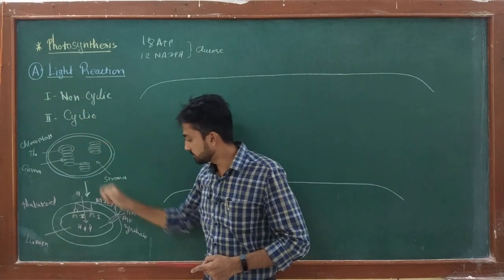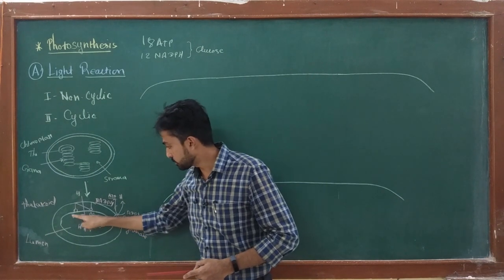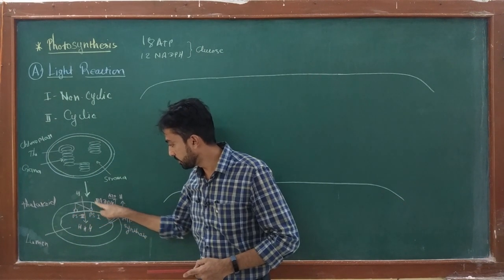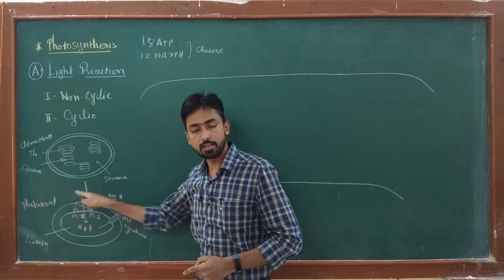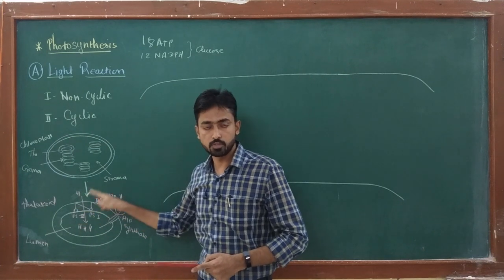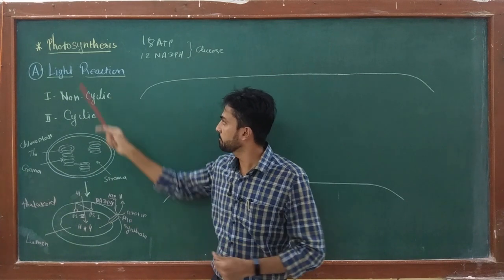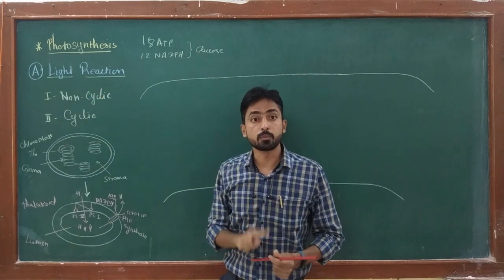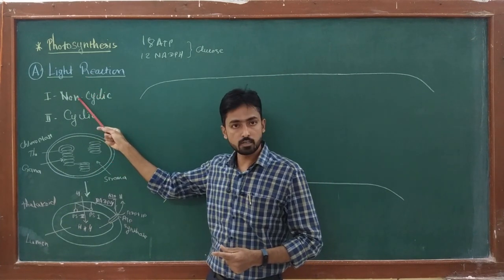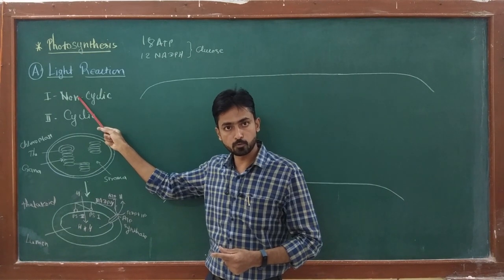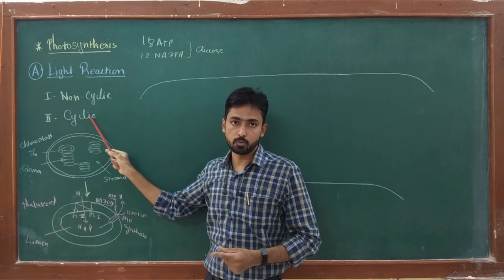In cyclic photophosphorylation, electrons which leave from photosystem 1 recycle. The same electron comes again into photosystem 1, and that is called cyclic photophosphorylation. So the light reaction in plants has two different types, non-cyclic photophosphorylation and cyclic photophosphorylation.